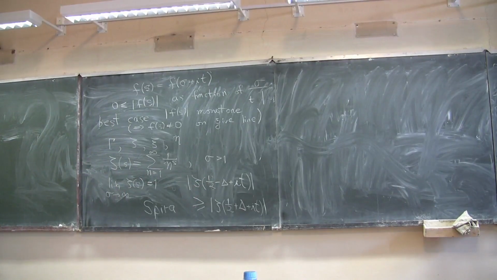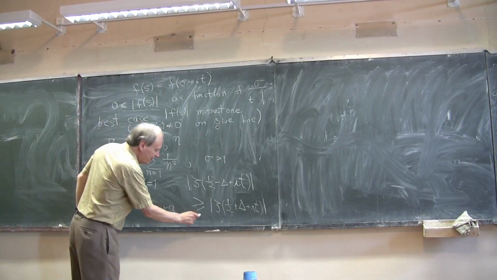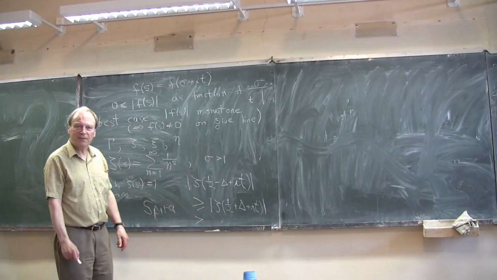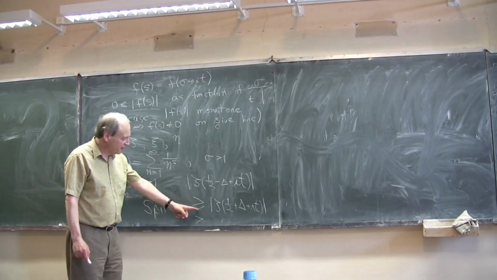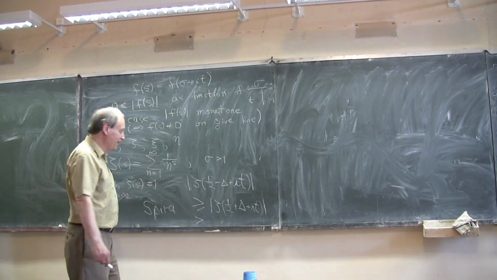And I should just say one other thing. If we could change the greater-than-or-equal to strictly greater, that's the Riemann hypothesis. If this is greater than or equal to, changing it to strictly greater would prove the Riemann hypothesis.